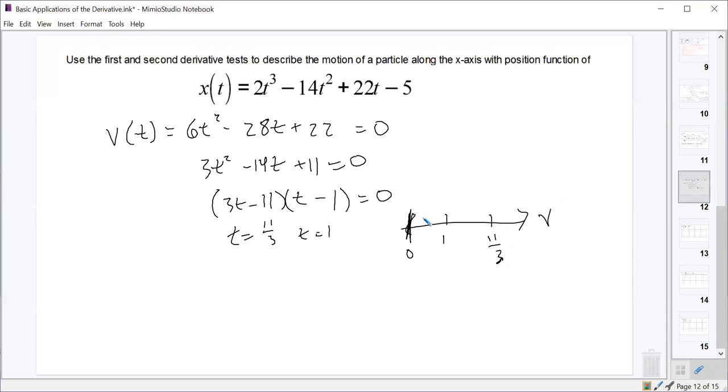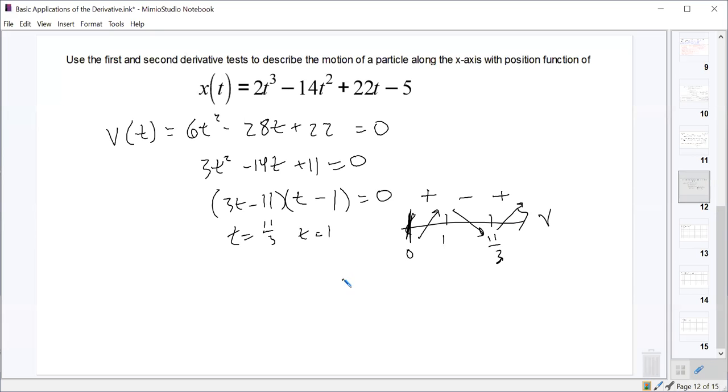So plugging in something like a half is going to give you a negative times a negative, which is going to be a positive. Plug in something between 1 and 11 thirds, like 2, it's going to give you a negative and a positive, so your velocity is negative. And then plugging in something greater than 11 thirds, like a million, is going to give you 2 positives, and we're going to have a positive velocity.